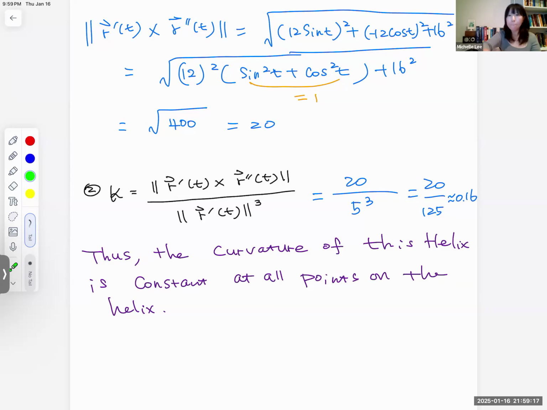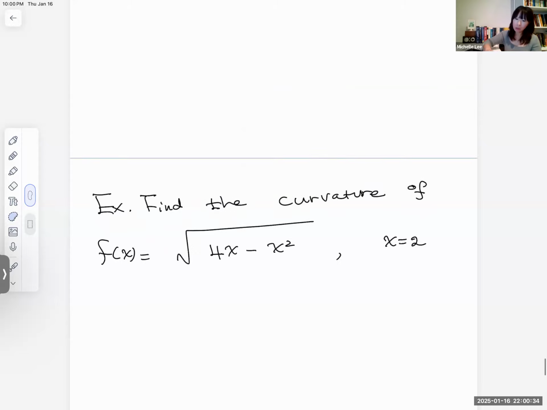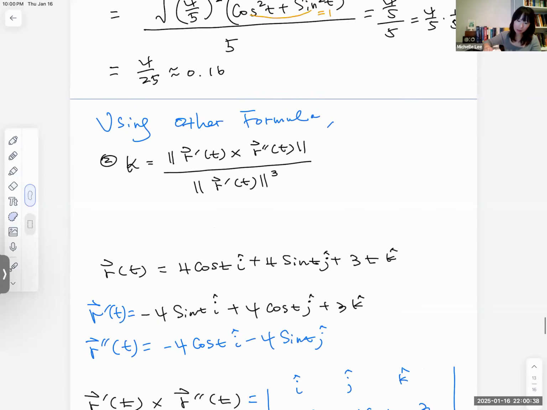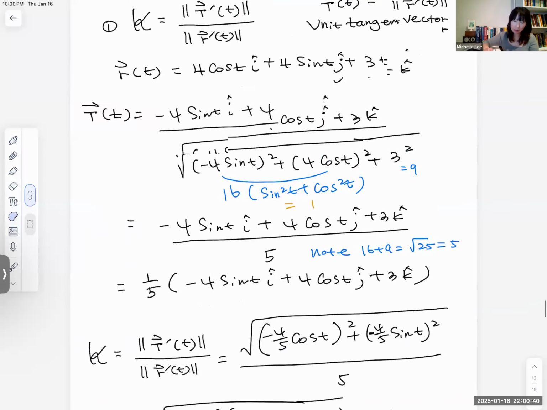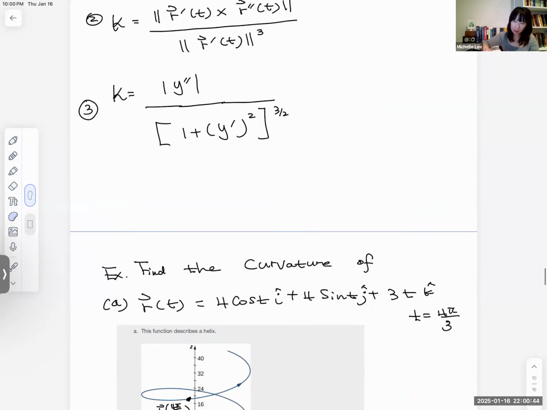So let's do it. Find the curvature of this function when x equals 2. Let me show you a picture later. And then let's find out. We have formula number 3, so let's use that. We know how to apply every formula, right?